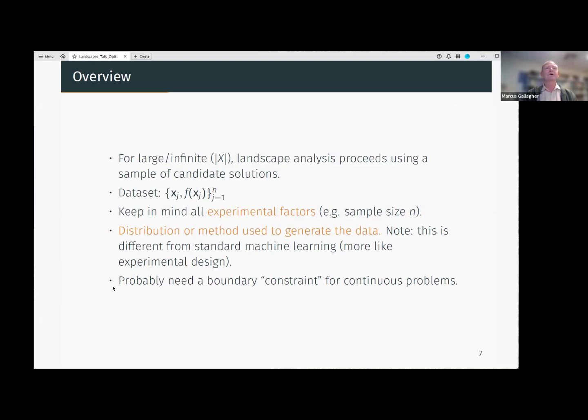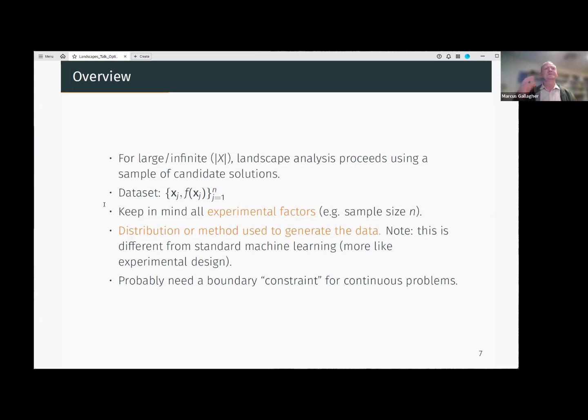So we might sample at random solutions from the search space and then evaluate the objective function. And this will give us some kind of data set where we have candidate solutions xj and fitness values f of xj. And then we have this data set, and now we can maybe do some analysis of that. So we're approximating or trying to do analysis based on limited information about the landscape.